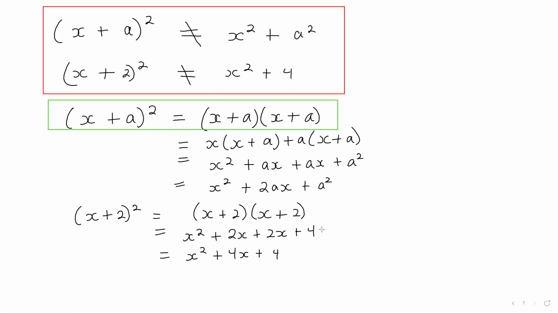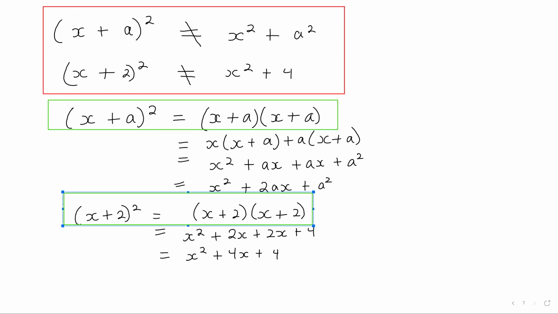So if you had x plus 2 all to be squared, it'll be x plus 2 times x plus 2.